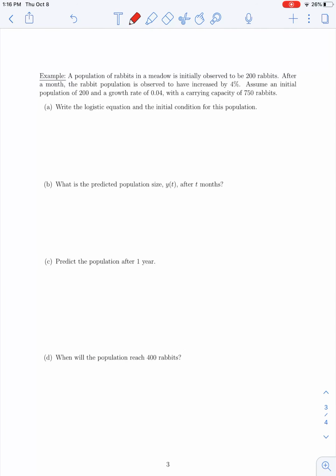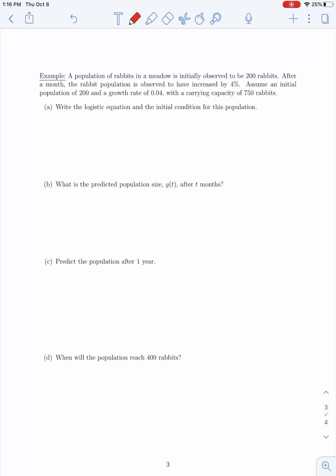So let's look at some examples now, making use of the solution of the logistic growth equation and what we found about the limiting value. In this next example, we're told that a population of rabbits in a meadow is initially observed to be 200 rabbits. And after a month, the rabbit population is observed to have increased by 4%.